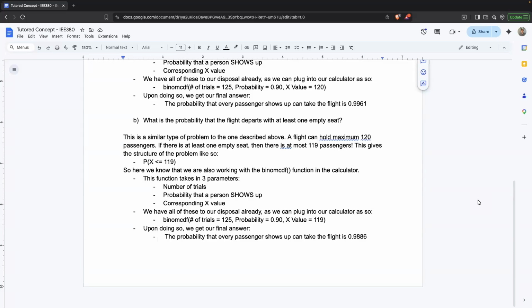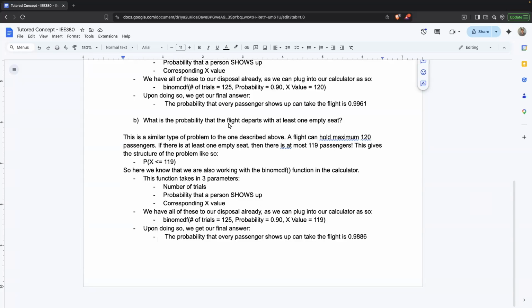At least one empty seat means that not all the seats are filled. So instead of thinking about the maximum capacity, we can now adjust our upper bound to reflect one fewer passenger than full capacity. This again leads us to a cumulative probability, so we can still use the binom CDF function in the calculator, and we just plug in the same number of trials.